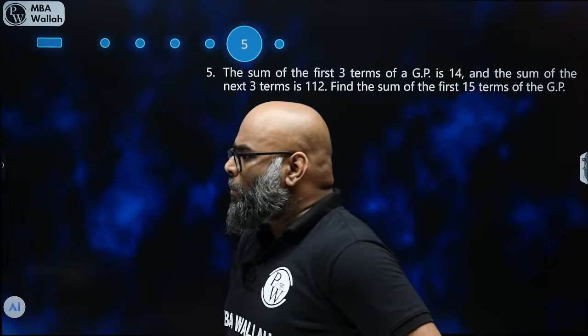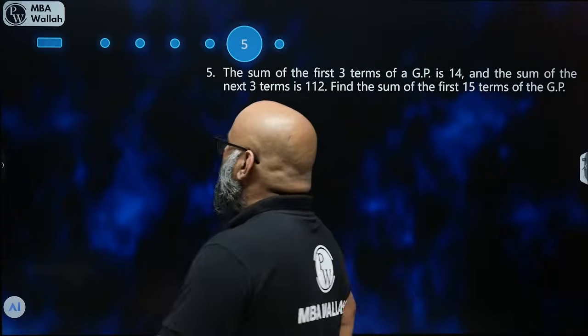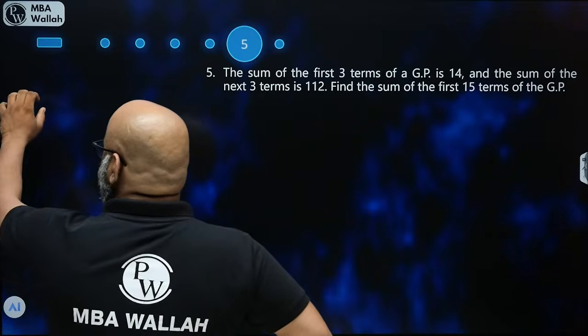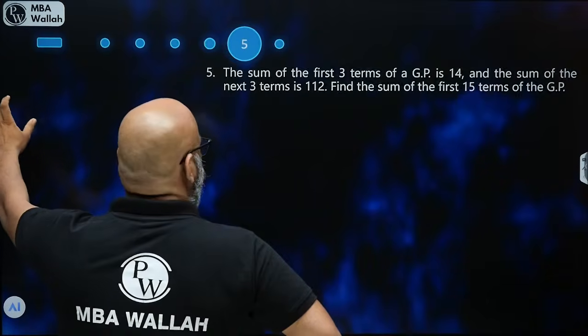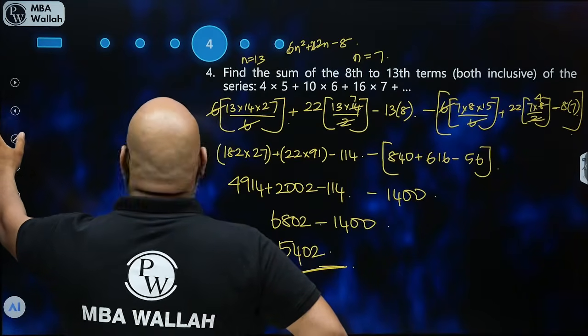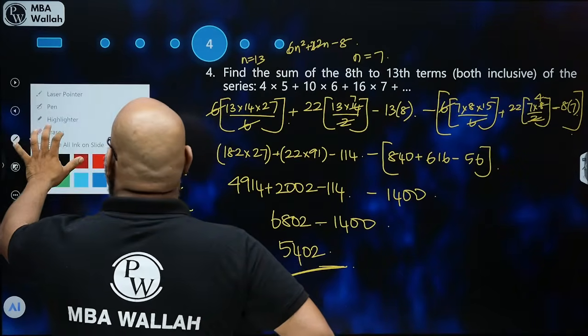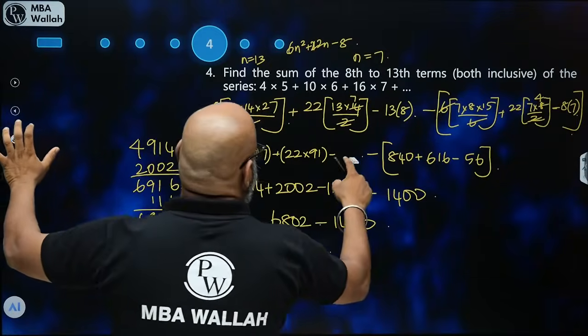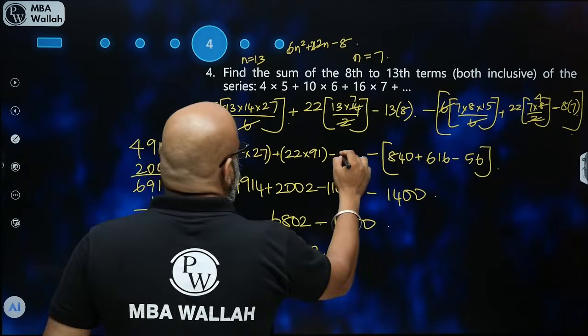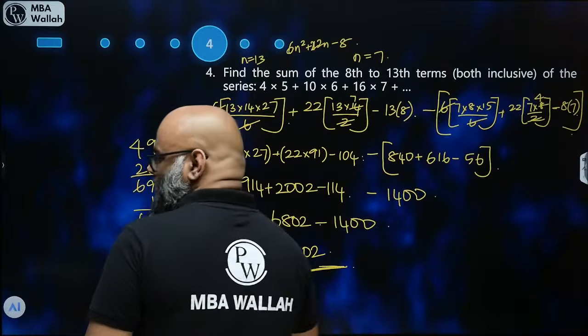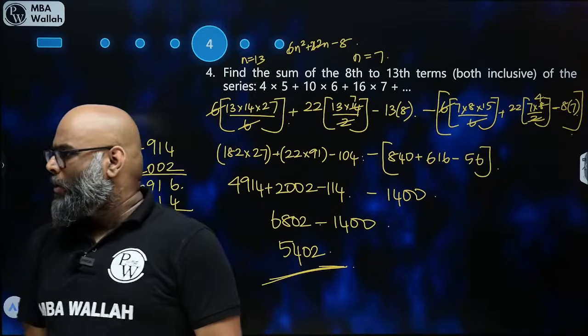Athar, thank you for putting everything in this equation here. I think there is a small slip. The answers are good. 13 into 8, that's 104. Thank you for putting everything over there.